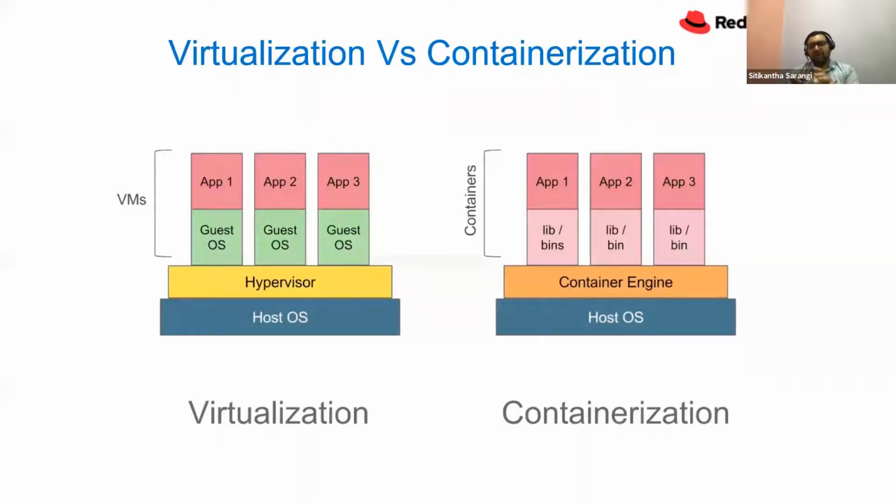Likewise, containers are the abstraction or the isolation at the app layer, right? You have a virtual machine or a physical server or any host OS. It can be on a physical server, it can be on a virtual machine, it can be on your laptop as well, right? You are installing a container engine on top of it, and in that container engine you are deploying your application containers which are isolated from each other, right?